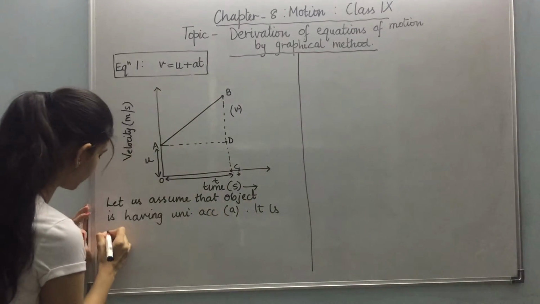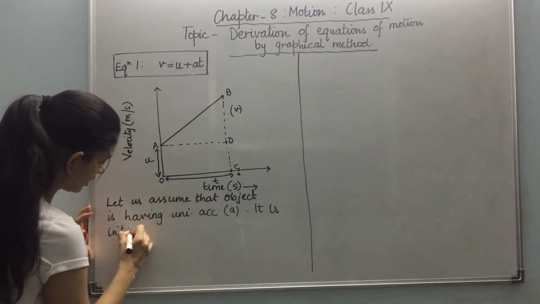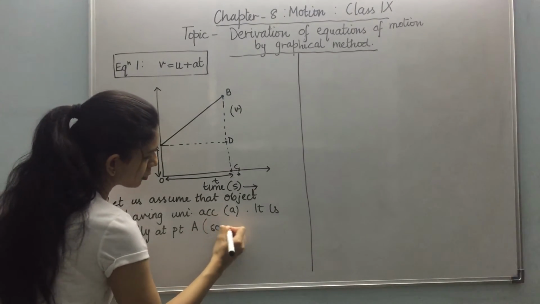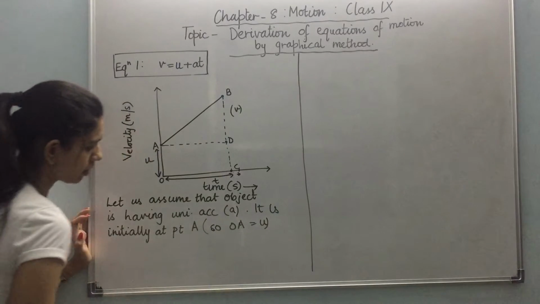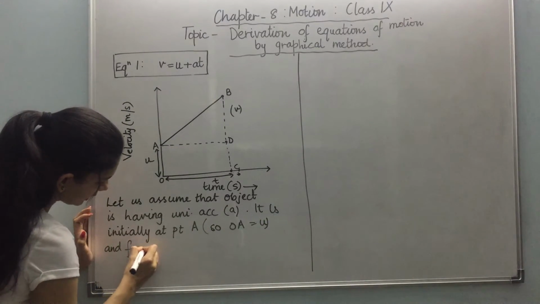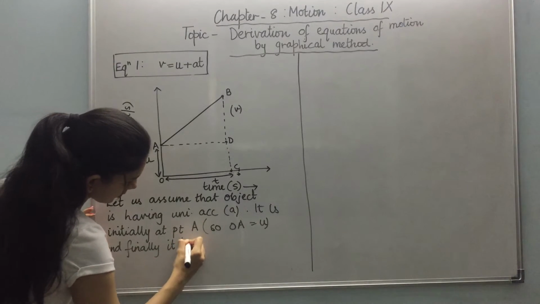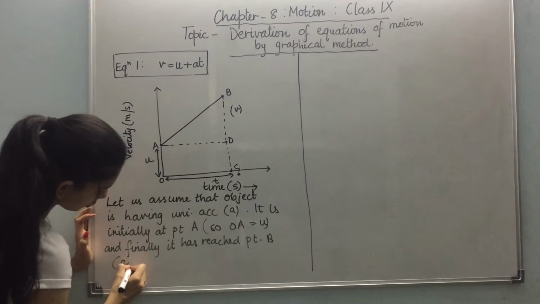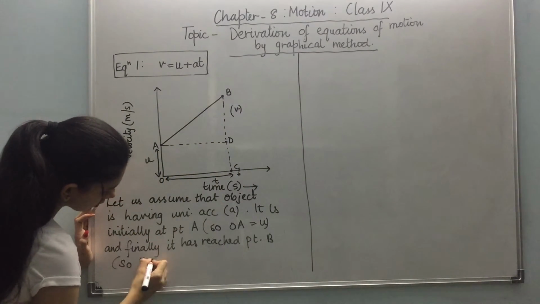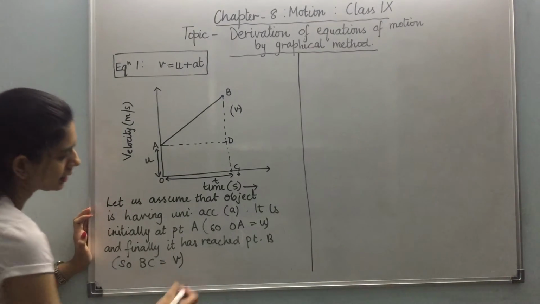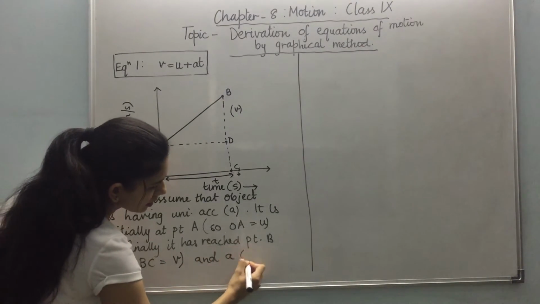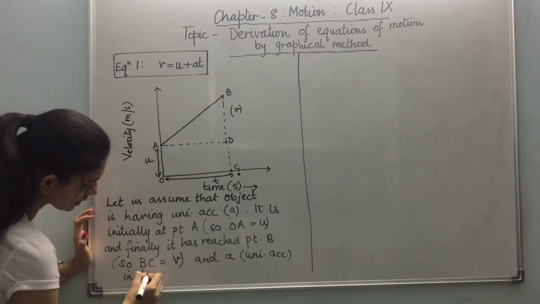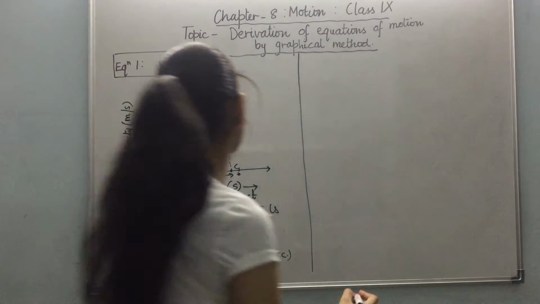It is initially at point A. So OA is its initial velocity, and finally it has reached point B. So BC is the final velocity, and a is the uniform acceleration with which the object is moving in time t. Now let us start with the derivation.